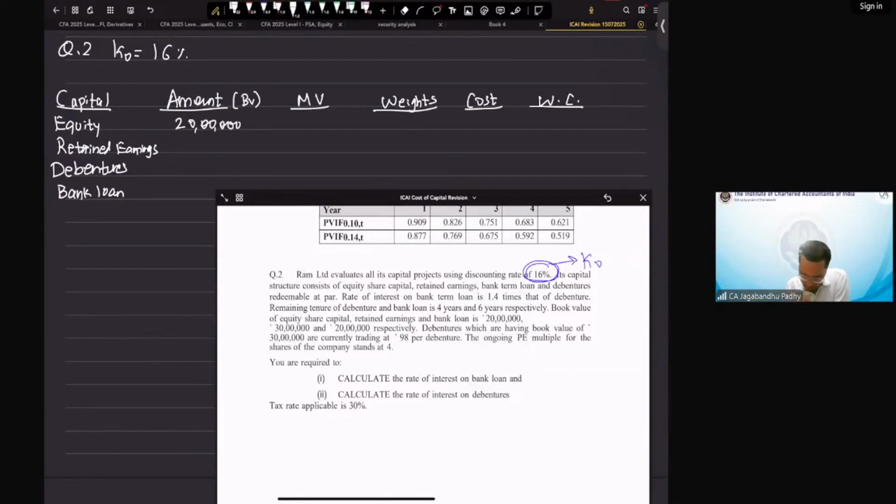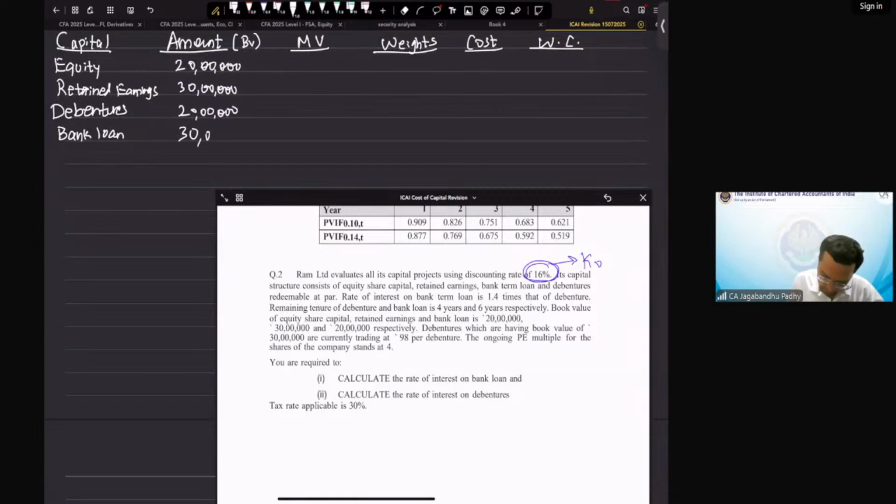Retained earnings is 30 lakhs. Bank loan is 20 lakhs. And debentures are having a book value of 30 lakhs.